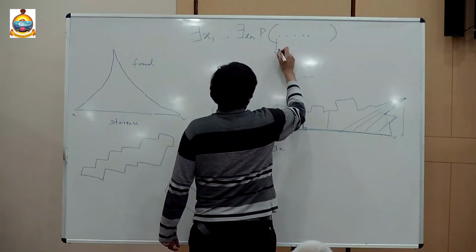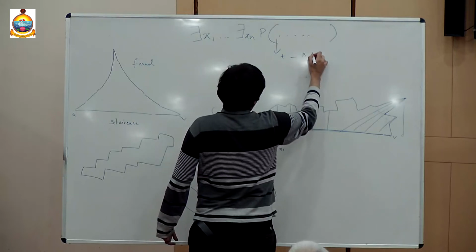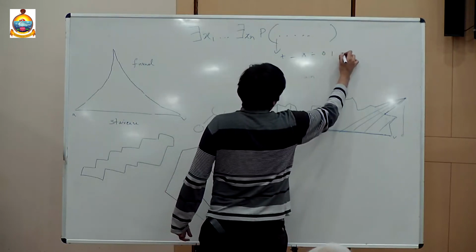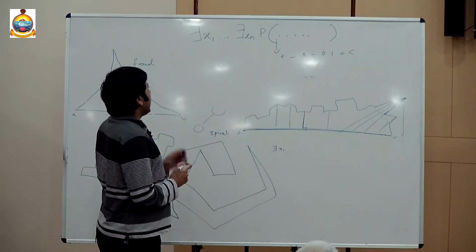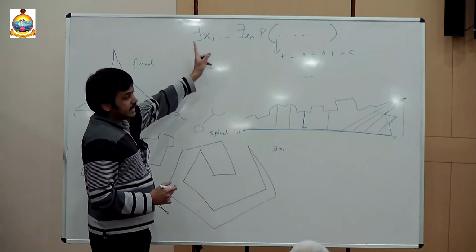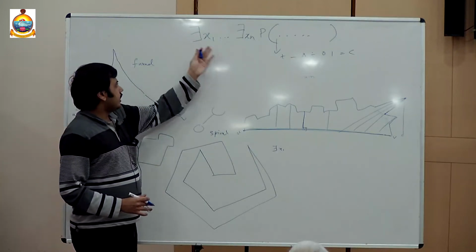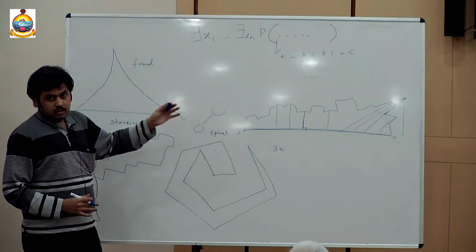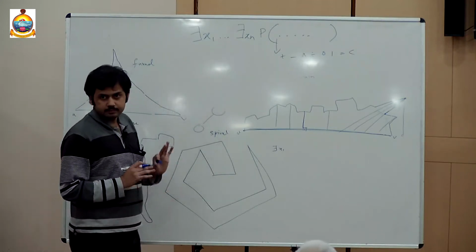So, this contains plus, minus, multiplication, division, zeros, ones, equality, inequality, etc. This is how the formula is written, and we want to decide if there are x1 up to xn which have real values satisfying this formula.